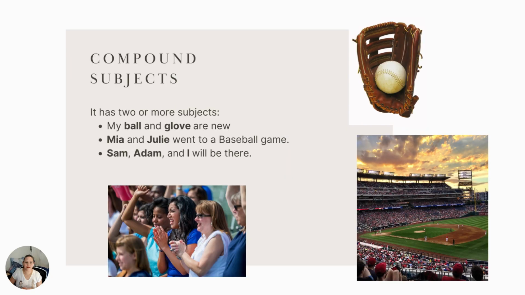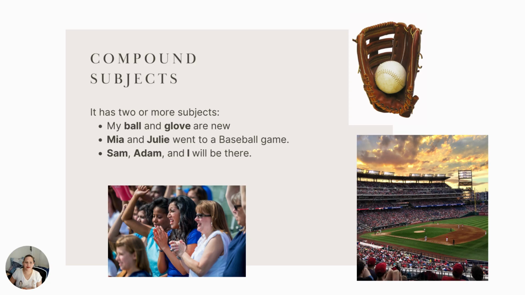Now, in a simple sentence you can also have something called compound subjects, meaning that you can have two or more subjects in your sentence. For example, my ball and glove are new. Here, ball and glove are two subjects in one sentence.